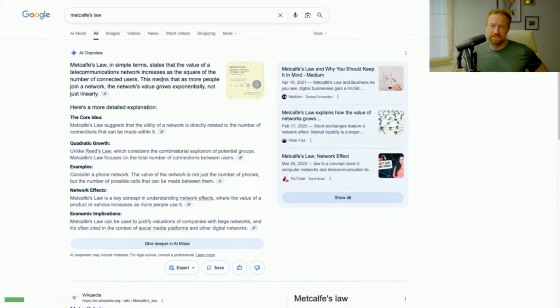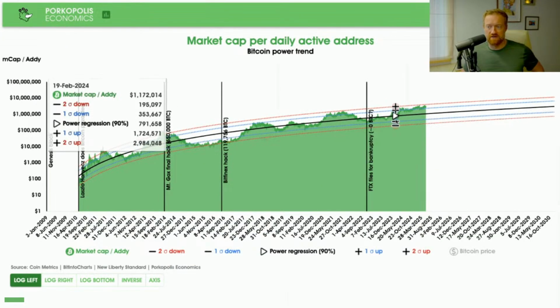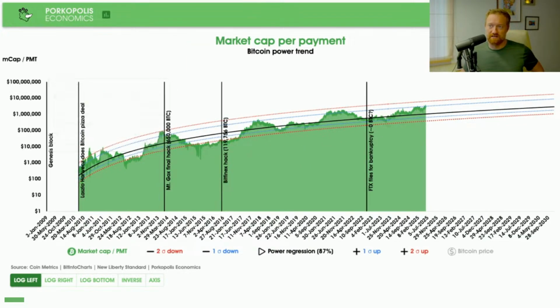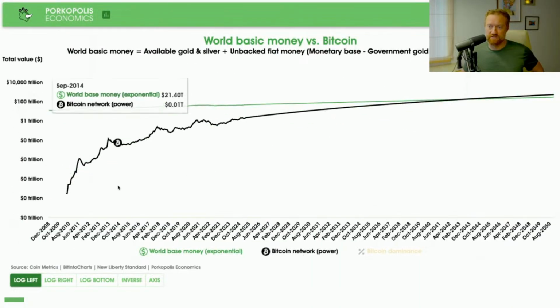Metcalfe's law, in simple terms, states that the value of a network increases to the square of the number of connected users. In this case, it increases by the cubed 0.5. And in this case, where I have this line, it's to the, whatever the scientific term is, but nearly to the sixth.